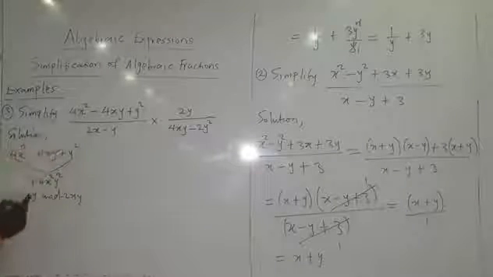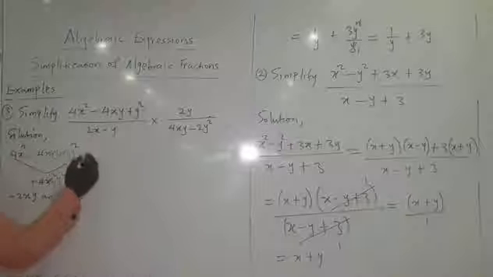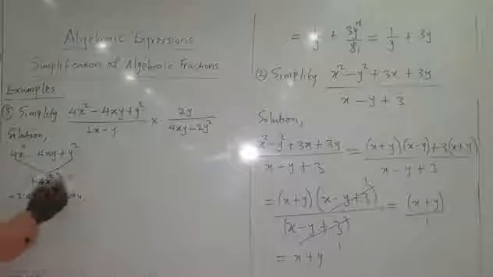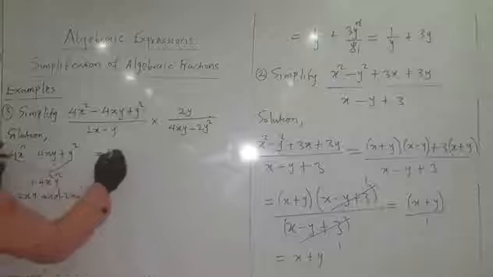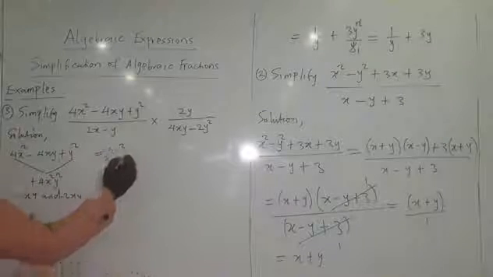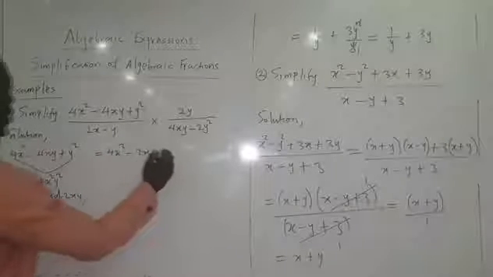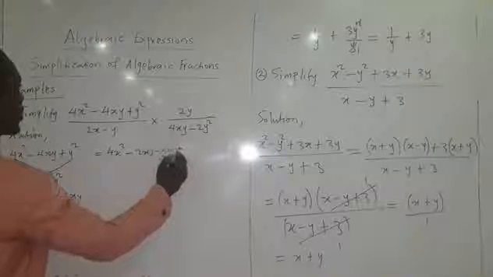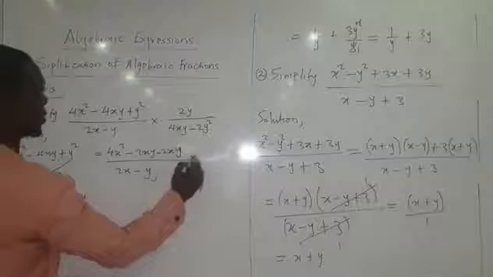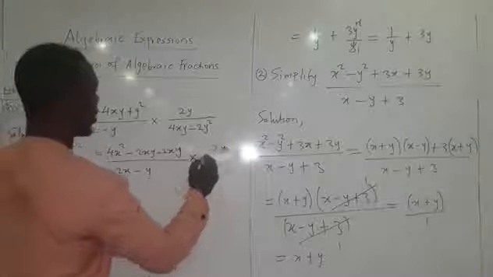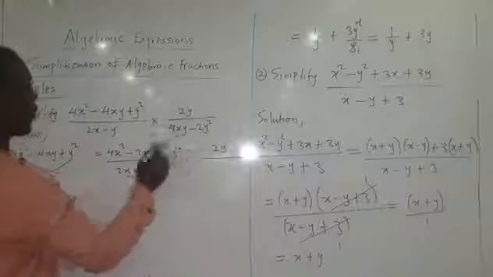So the expression becomes 4x squared minus 2xy minus 2xy all over 2x minus y multiplied by 2y all over. Common factor here is 2.